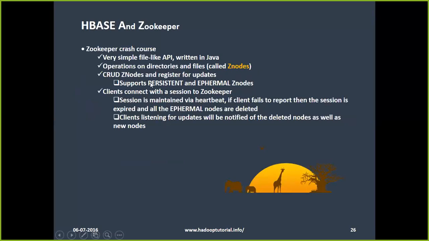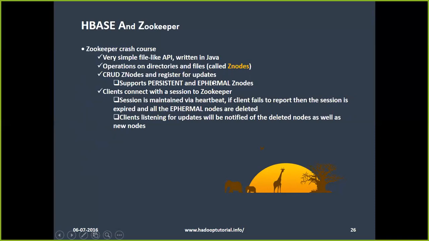These HBase masters, the 5 machines or 3 machines, are called persistent Z nodes, and the region servers get registered temporarily with Zookeeper. They are called ephemeral Z nodes.